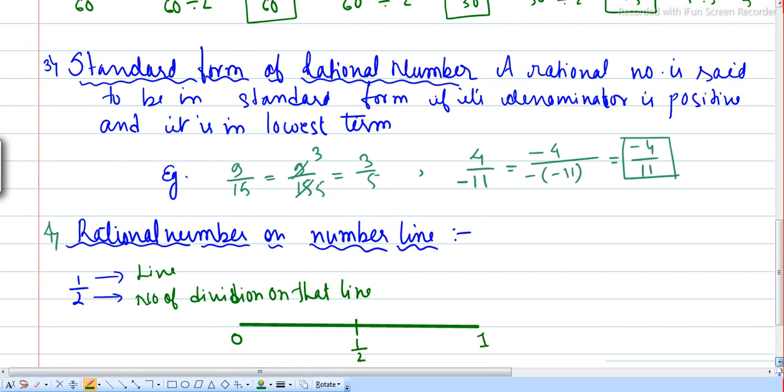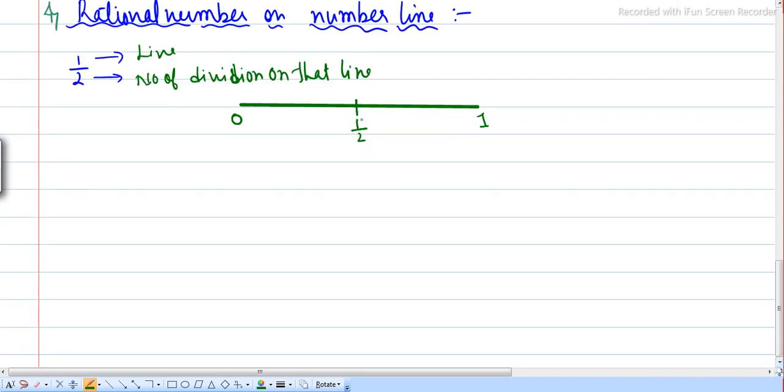Let's take another example. Let's take 1 by 3. So how will we represent this on the number line? So take a line. This number will also lie between 0 and 1. So here it will be 0 and it will be 1. Now how many divisions do I have to make?